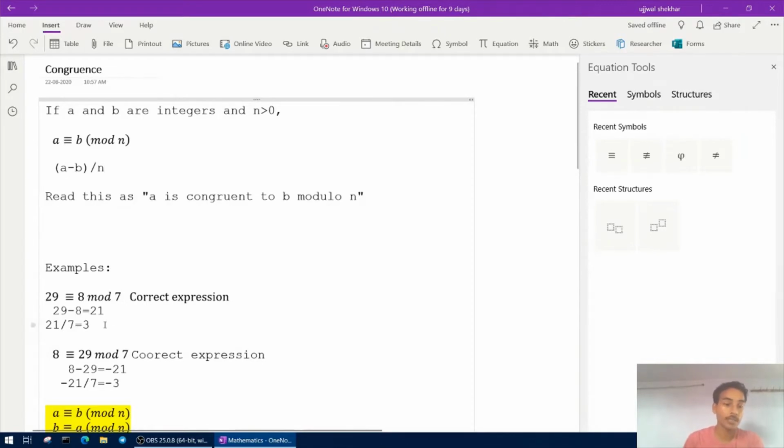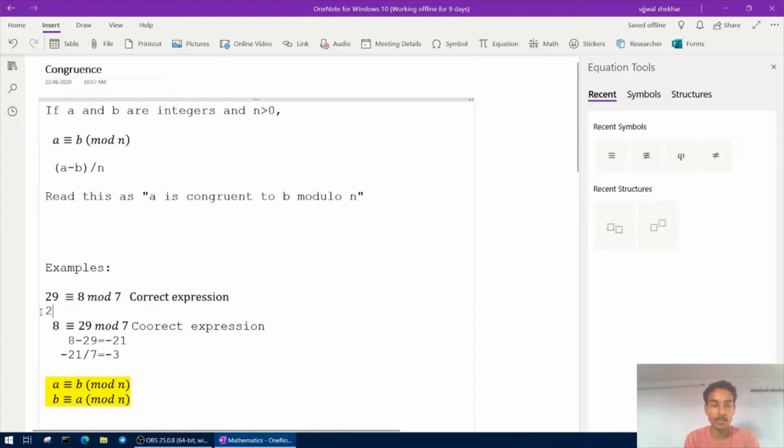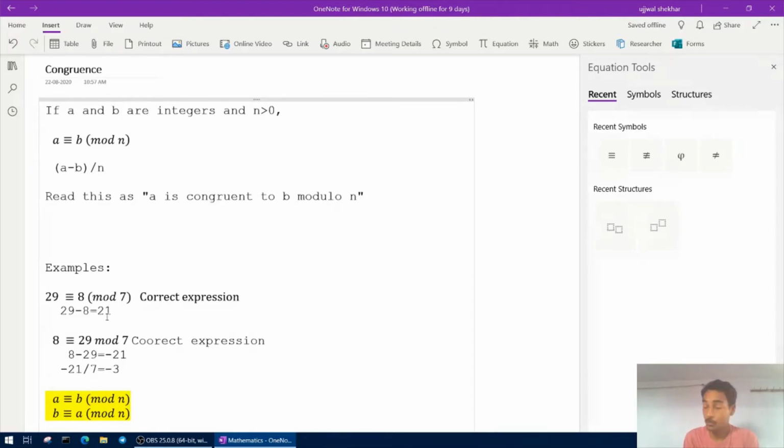For example, we have to check if 29 is congruent to 8 modulo 7 or not. This is my a, this is my b, and this is my n. So we subtract 29 minus 8, and the output will be 21.